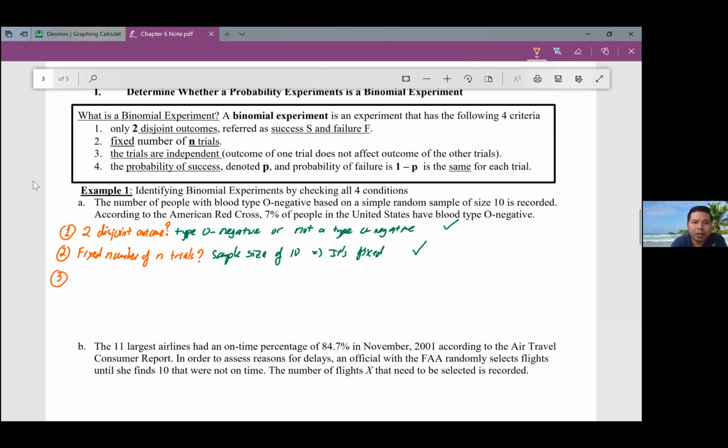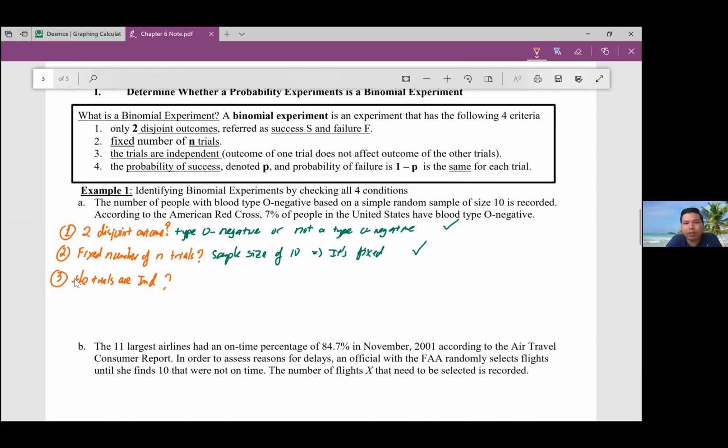Number 3 says the trials are independent. Yes, right?